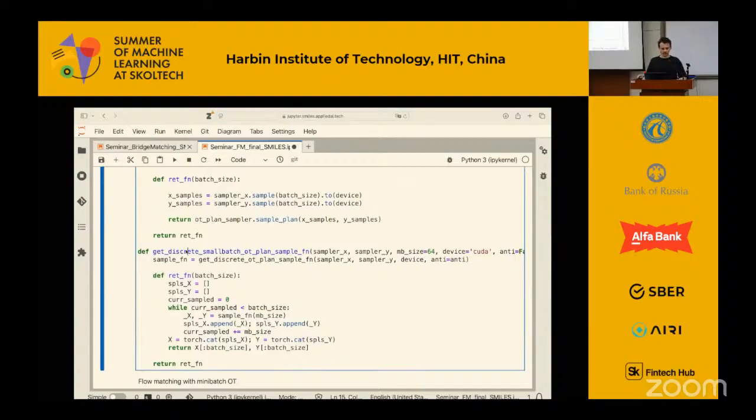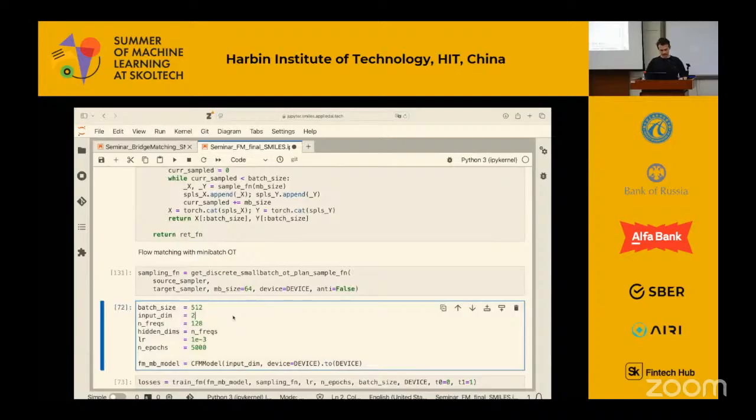What else can we do here is to divide our already mini batch into smaller mini batches, solve optimal transport between these, construct from them one mini batch, and then pass it to our flow matching. This makes the algorithm faster.